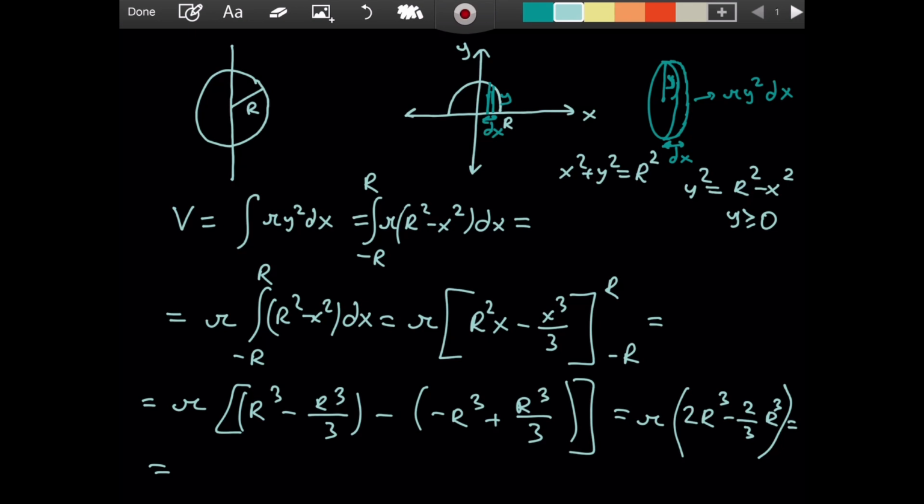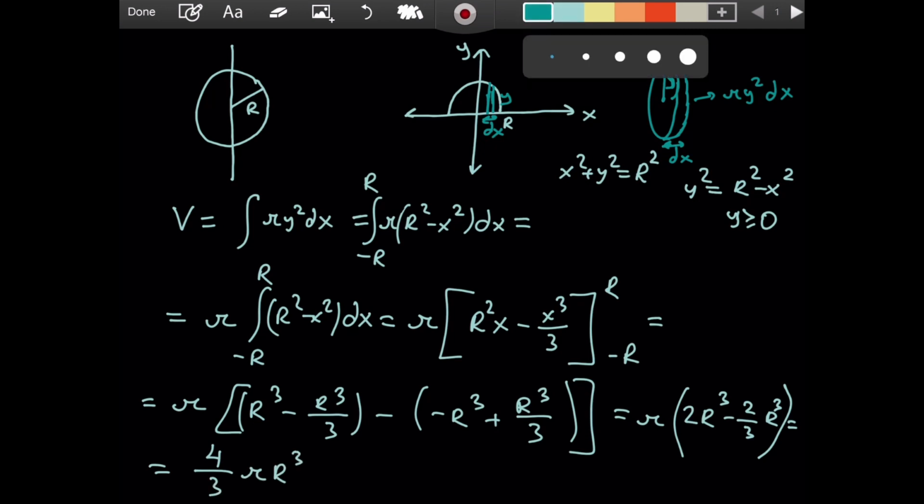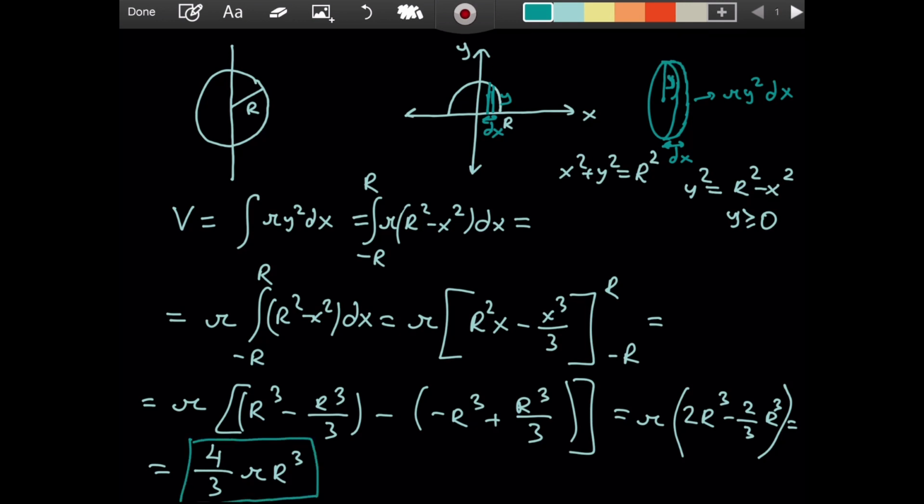And 2 is just 6 over 3, so 6 over 3 minus 2 over 3 is 4 over 3. So the volume turns out to be 4 over 3 pi r cubed. And this is probably familiar to you, as we use this very often, because calculating the volume of a sphere is very practical in lots of problems.